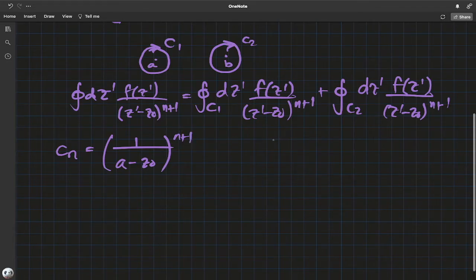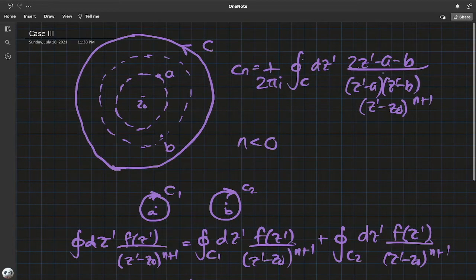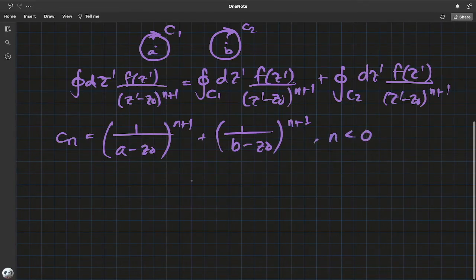And then for C2, we do a similar approach, except with the Cauchy integral formula for B. So the top term will be B minus A, which cancels out with this B minus A. We have 1 over (B minus z naught) to the n plus first, similar to this first term. So you have a sum of these terms. And this again is for negative n.